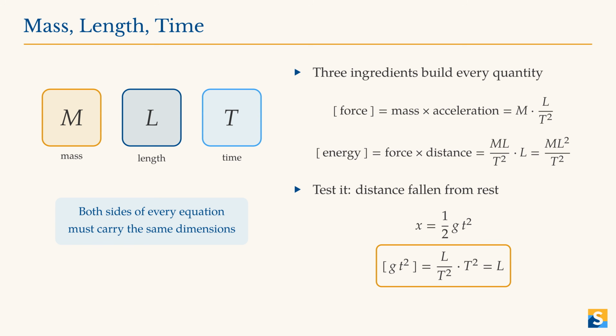It checks. Notice what the check ignores: the 1/2. Dimensional analysis is blind to pure numbers. That blindness is the price we pay, and you should always remember it. But everything else about an equation's structure, it sees with X-ray vision.